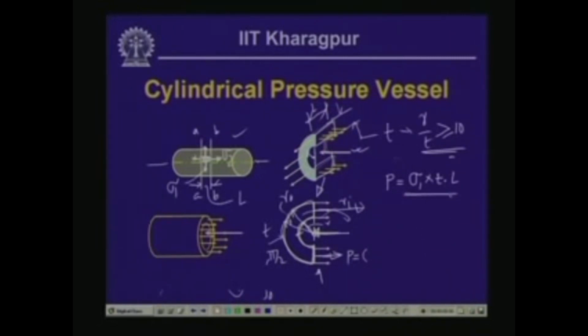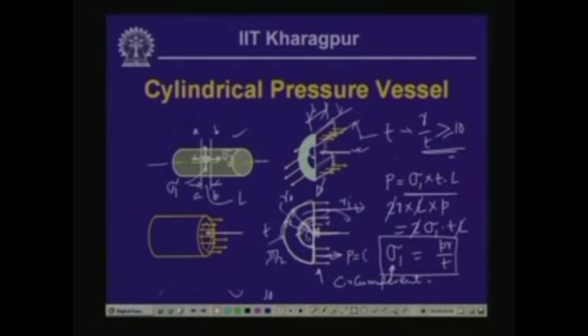This is equal to P, and since the content is applying the pressure along with the liquid inside, this is the projected length over which this force is acting, which is twice R times L, multiplied by the internal pressure P. This is equal to twice sigma 1 T times L. If we equate these two, we get the value of sigma 1 as P R by T. So the circumferential stress in a pressurized cylindrical vessel is P R by T, where sigma 1 is called the circumferential stress or hoop stress.